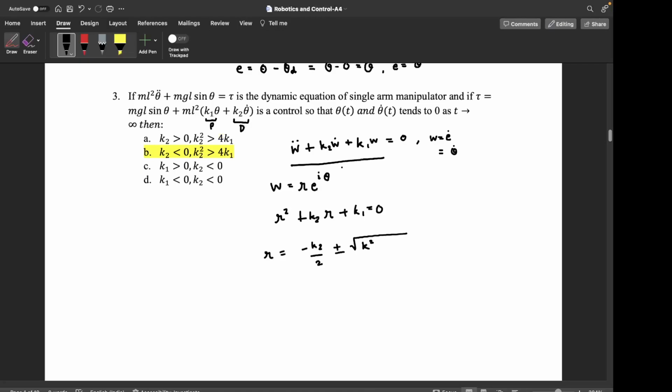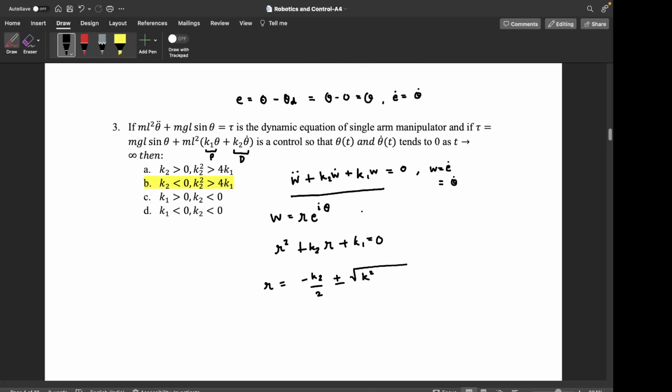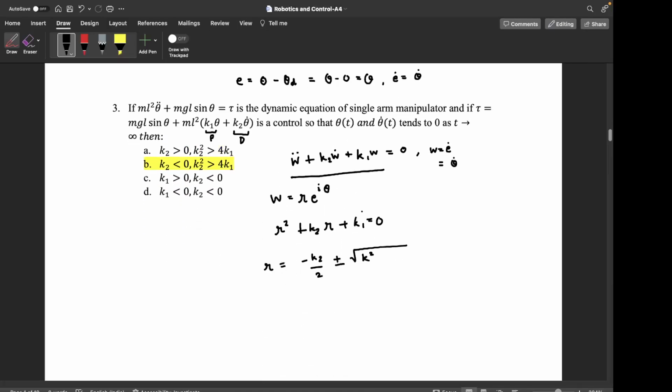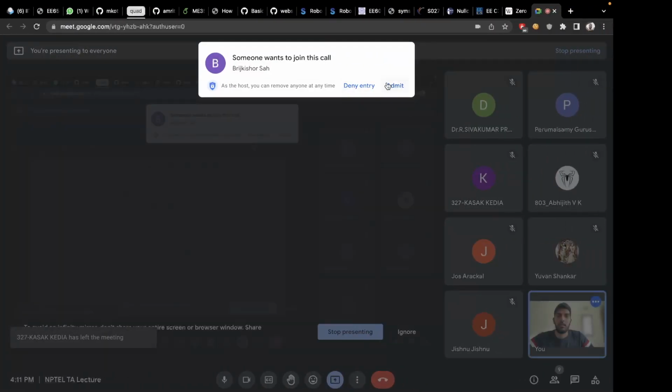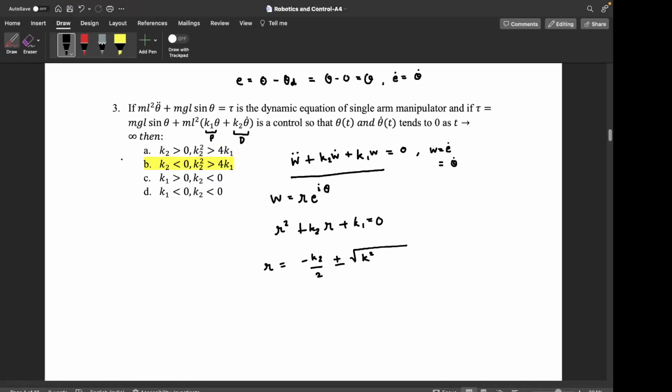I think there was an issue here also. Yeah, let's do it slightly differently.